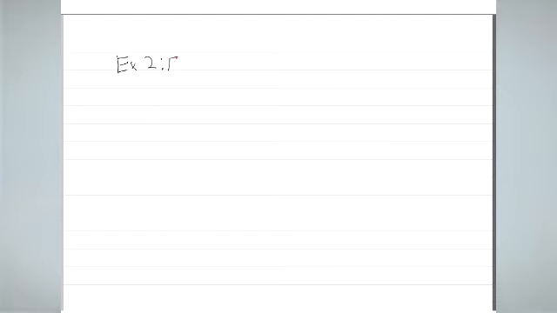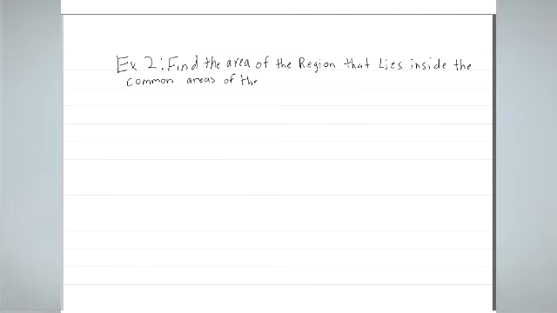Find the area of the region that lies inside the common areas of the curves r equals cosine 2 theta and r equals a half.